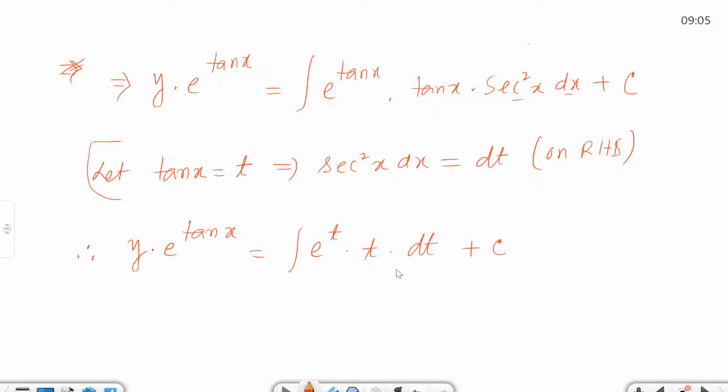Now just to complete the right-hand side integral, we will use integration by parts. So what is the first function? By ILATE, the algebraic function is the first function.